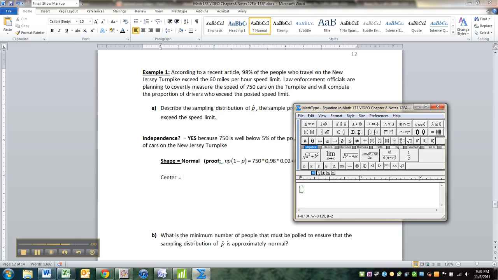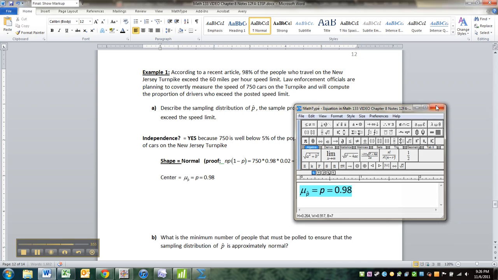All right, the center is the mean of the p hats, which is equal to p, which is equal to 0.98, according to our lovely formula from the previous page.